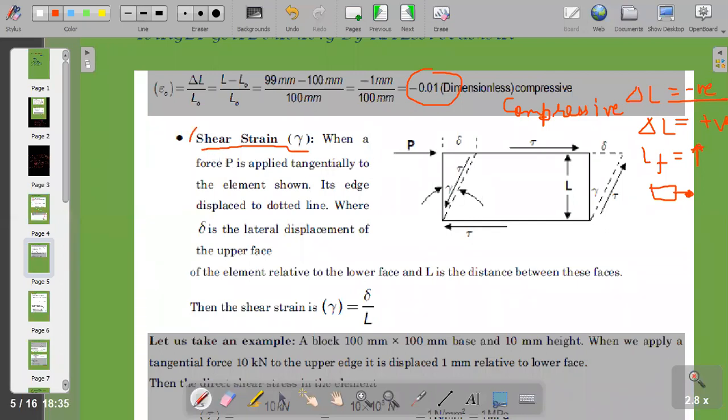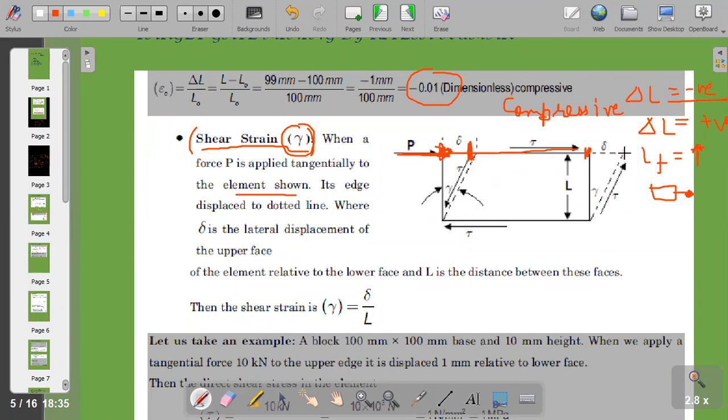Another type of strain is shear strain, which is denoted by gamma. This type of strain applies when a force is applied perpendicular to an element, perpendicular to this direction. Let's say this is a 3D object. If you apply a force in this direction, this point will be displaced to this point due to the force.